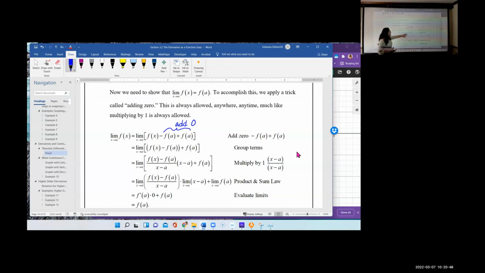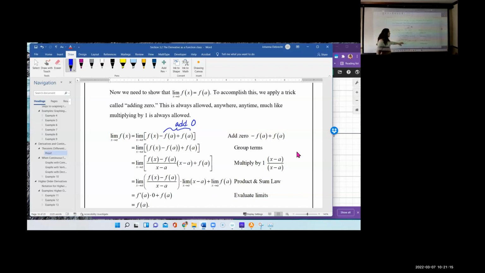Then I can group them with f of x minus f of A together. And then I can multiply by a form of 1, which is x minus A divided by itself. And so I'm building the difference quotient right here, where I started with the limit of f of x. So each of these things on the right side is still equivalent to the limit of f of x.